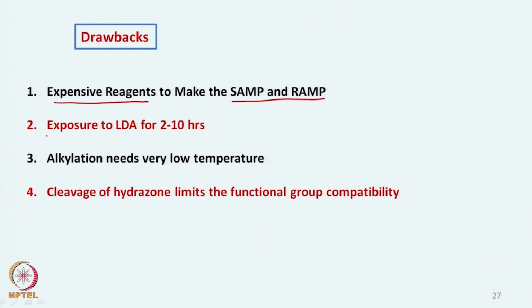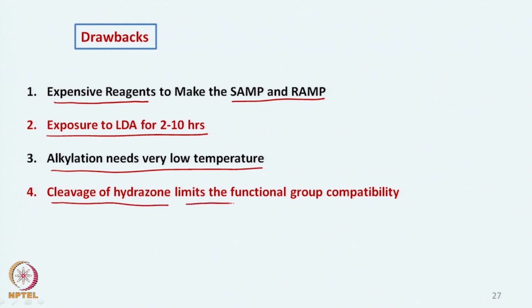Of course, you have to expose to LDA for several hours to carry out the deprotonation, and the alkylation needs to be done at very low temperature, as you saw, as low as minus 100 degrees, and then after the alkylation has been done you slowly bring the reaction to room temperature, and then you have to cleave the hydrazone.